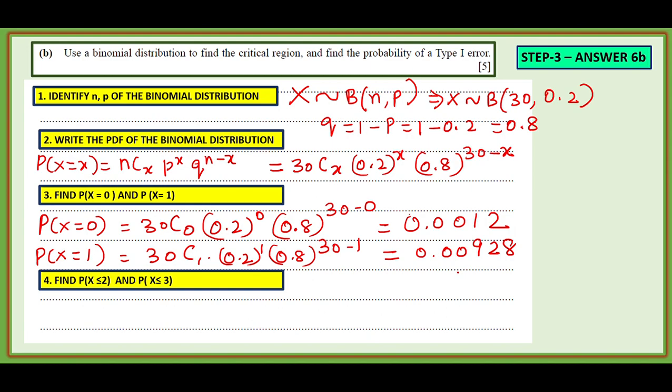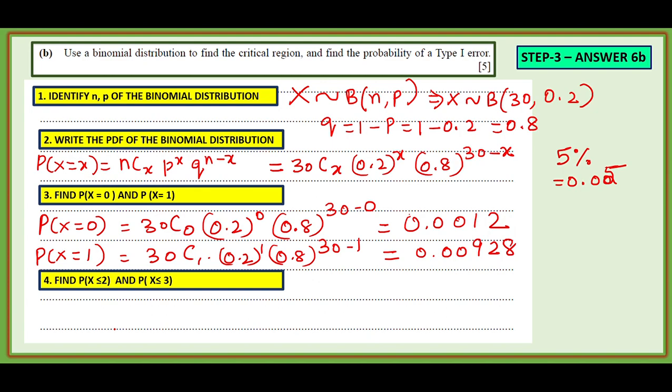Now you can see these values, which is at 5% significance level. What is the decimal form of 5%, which is 0.05. So you can see these values are too small compared to 0.05. So we can find out probability of x less than or equal to 2.